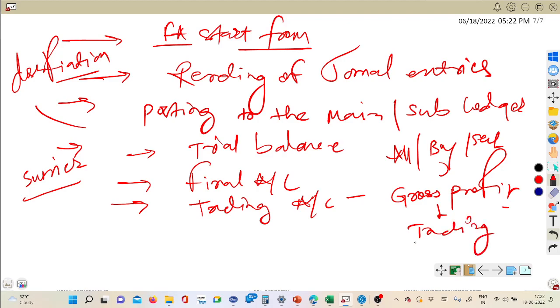Most of the time the question has been raised on what is the difference between trading accruals and non-trading accruals. I don't know what is the logic to ask this question, but yeah, if you see any expenses related to the trades, broker fees, custodian fees, agent fees, middleman, any other charges, or if they charge any fees to do the trades in the market, that fee we call trading accruals.